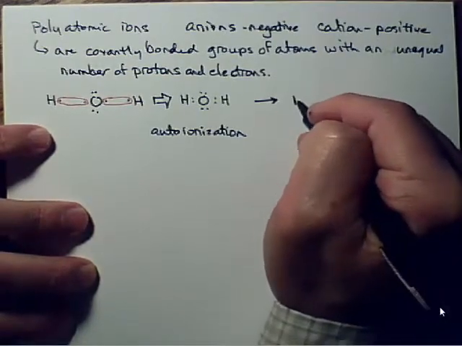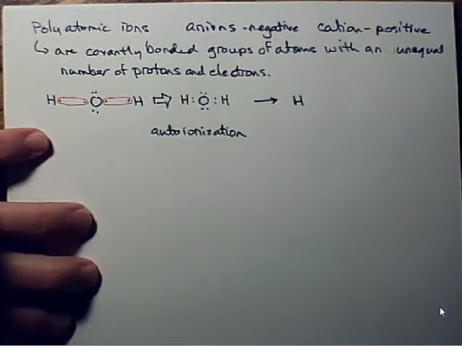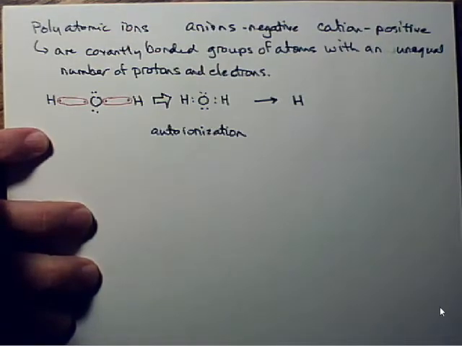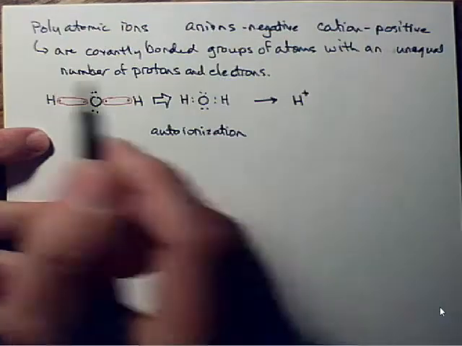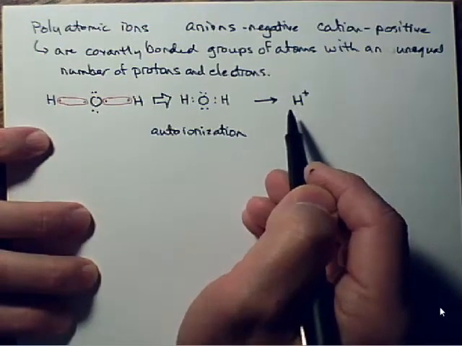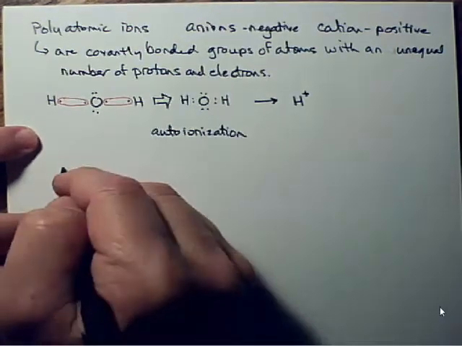So it's just a hydrogen with no electron. Well, it has no electron, it only has a proton. What is its charge? Positive. Okay? So we could call this a hydrogen atom, or we could call it a proton, because it is both.